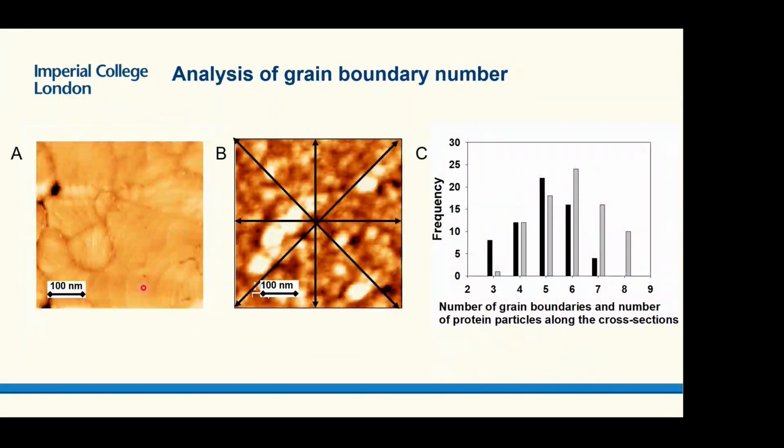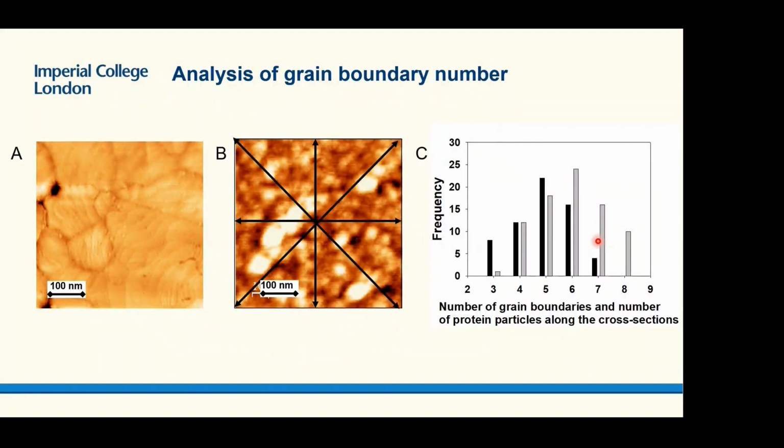So what we did to try to study the behavior of the immobilization of the protein on our platform, which is using the flat gold, atomically flat gold, but still maintains the grain structure, is use subsections of the images and then use cross sections and do a statistical analysis, and we saw that the distribution of the grain boundaries matches the distribution of the protein particles.